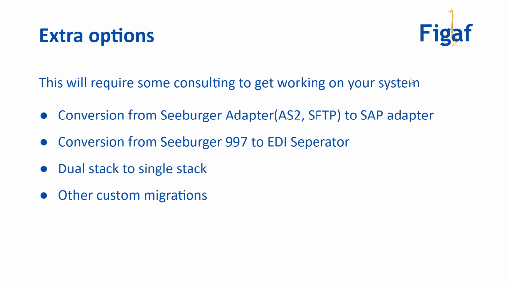Some of the other things that we are looking at, depending on customer requirements, will also be, can we actually upgrade the Seeburger adapters to the SAP adapters, the B2B separator to EDI separator, dual stack to single stack, and obviously if there are custom migration requirements, we can also handle those.